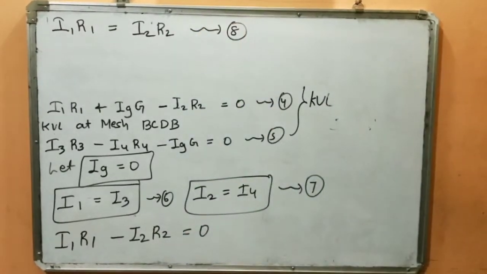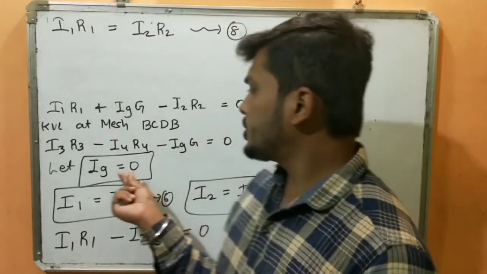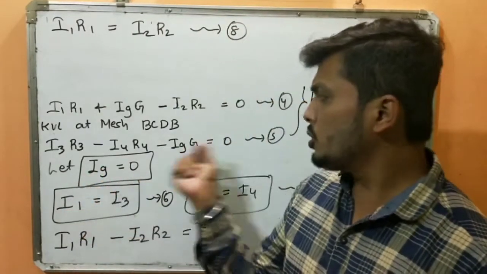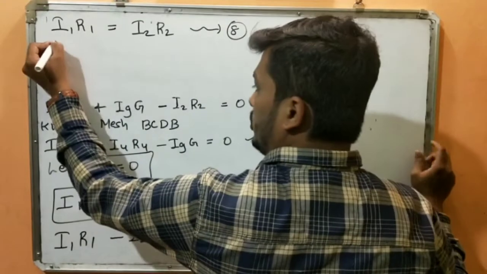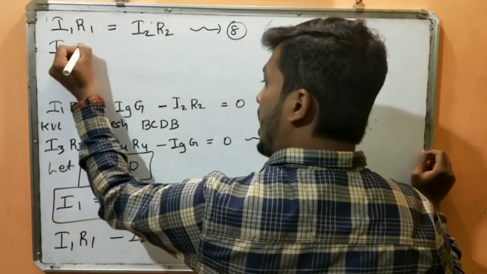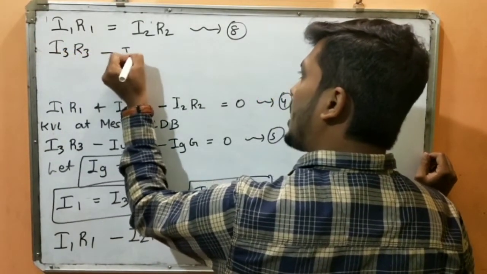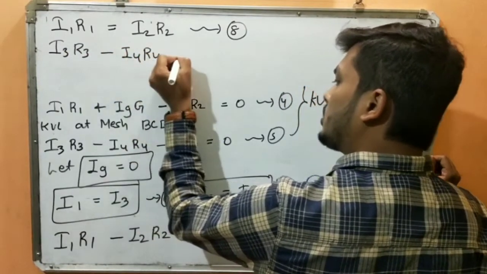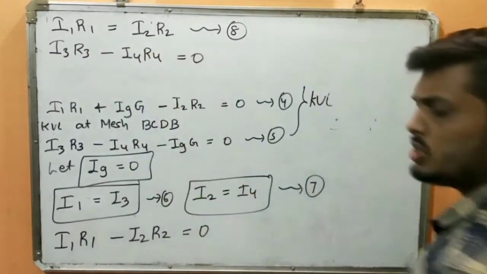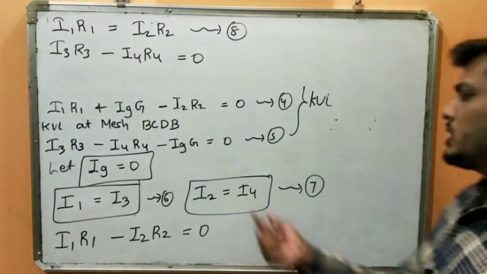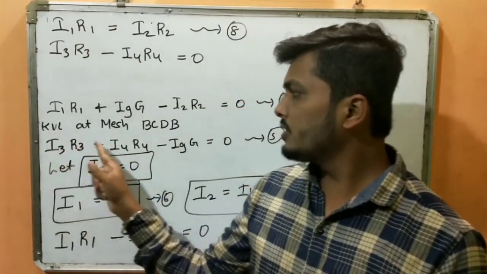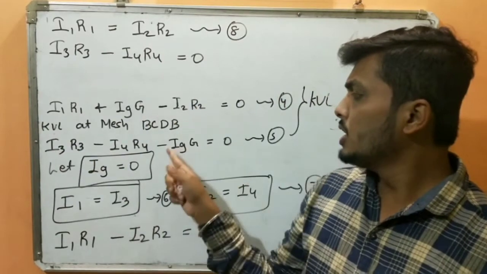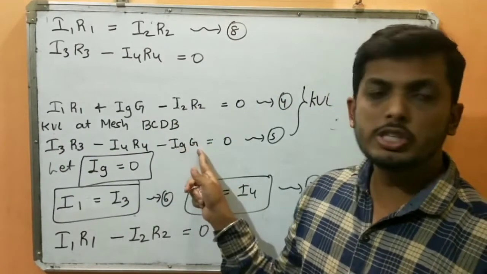Is that clear? Similarly, again I will substitute Ig equals to 0 in equation number 5. So what will this be? I3 R3 minus I4 R4 will be equal to 0. Since the current through the galvanometer is 0, 0 into G will be 0.